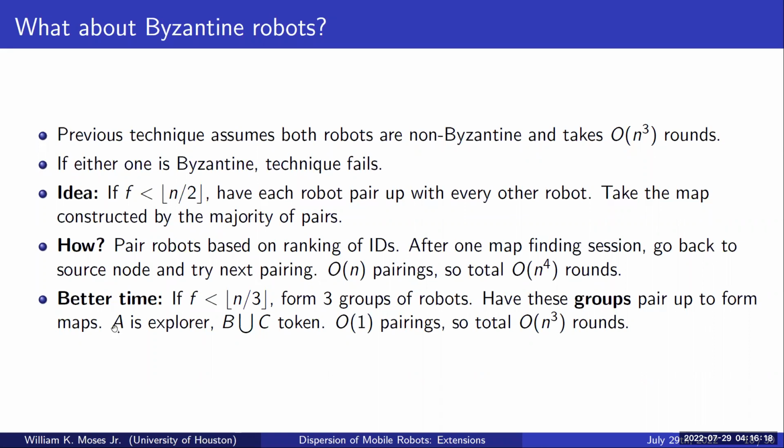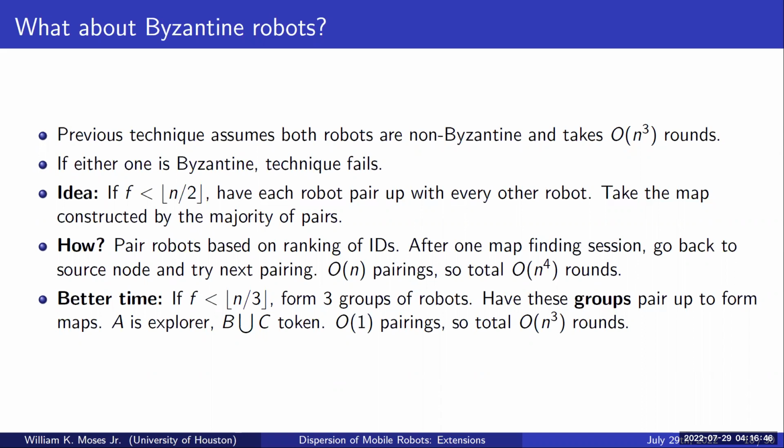Let's call them Group A, Group B, and Group C. What you do is, you alternate the groups such that one of the groups will be an explorer, and the union of the remaining 2 groups will act as a token, such that the majority of robots will represent the explorer, the majority of robots will represent the token.